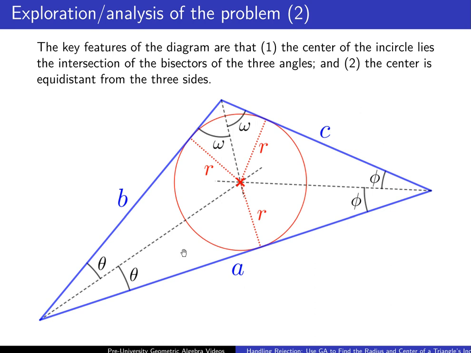So let's explore this problem of finding the center and radius of the inscribed circle. Two of the features that we can make use of, we hope, are that the center has to lie at the intersection of the bisectors of the vertex angles. Another feature is that the center, of course, has to be equidistant from the three sides, and that distance is r, the radius of the circle.